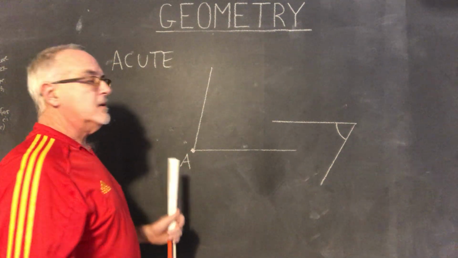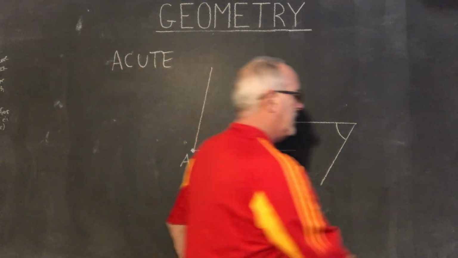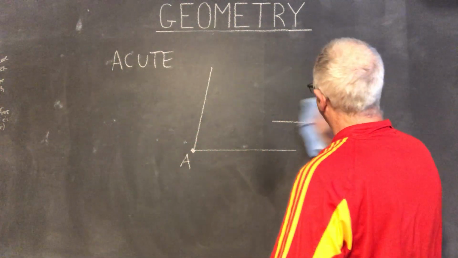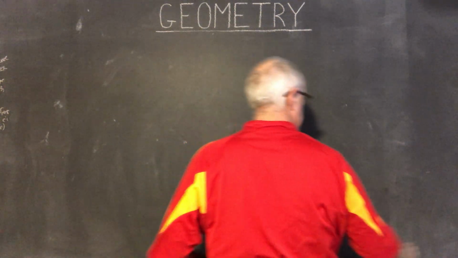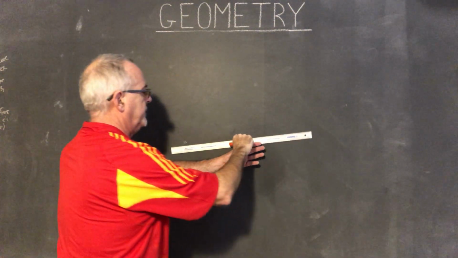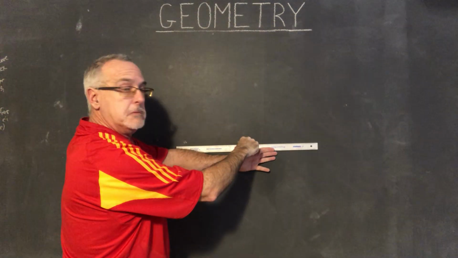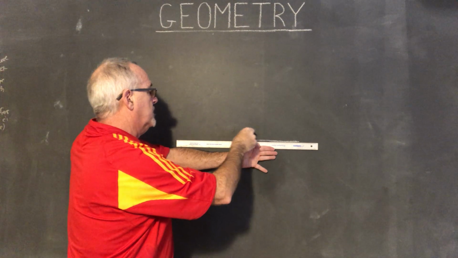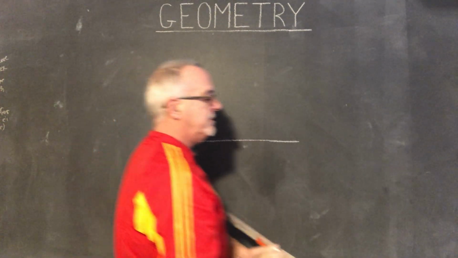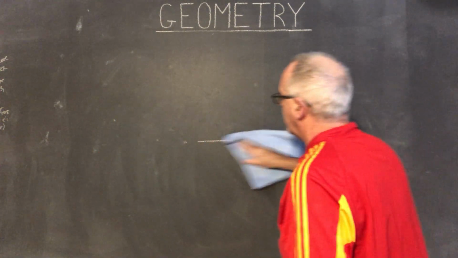Okay, what about angles that are greater than 90 degrees? I'll draw another baseline. Make sure that shows okay. That's already crooked, so let's start over. Oh, what a messy angle. Okay, I'm gonna have to do better with my ruler.